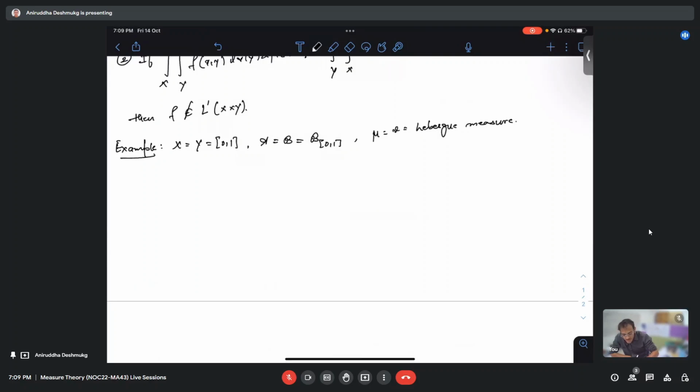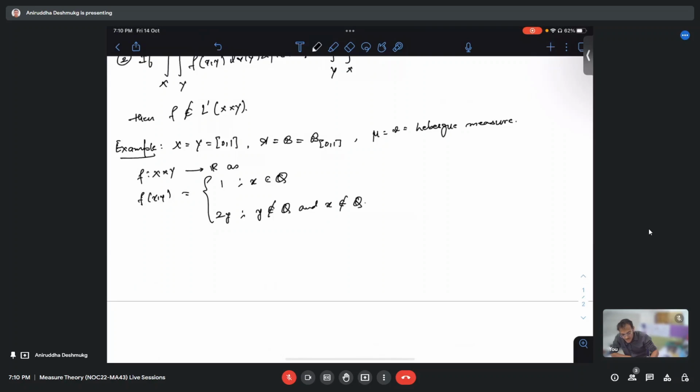And I wish to define my function f from X cross Y to R as follows. f(x, y) is 1 whenever x is a rational number, and it is 2y whenever y is not a rational number and x is not a rational number. One can ask what happens when x is rational but y is not.